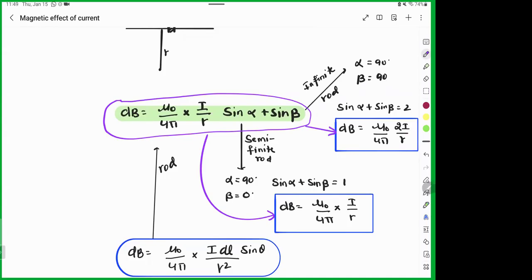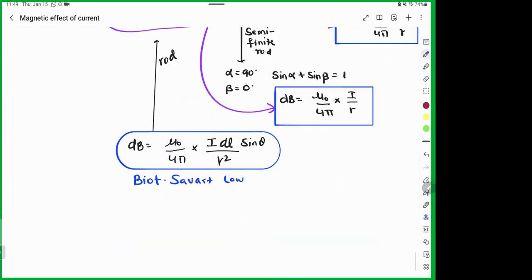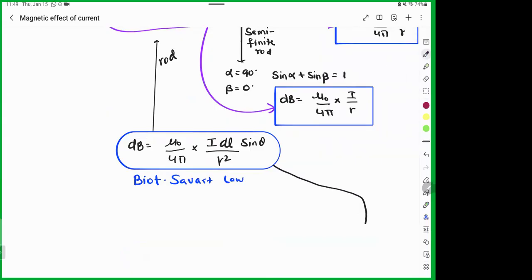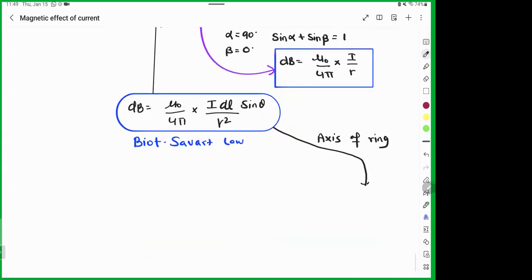Second, if you take the axis of a ring, a circular ring, what will happen? Your dB value will be equal to mu naught upon 4 pi I, the dl value for a ring of radius r is 2 pi r.